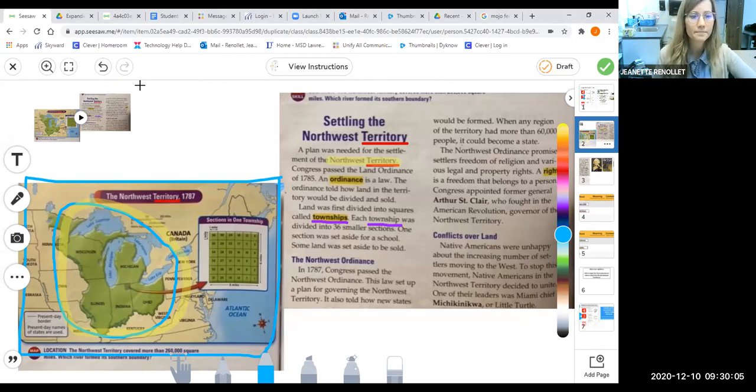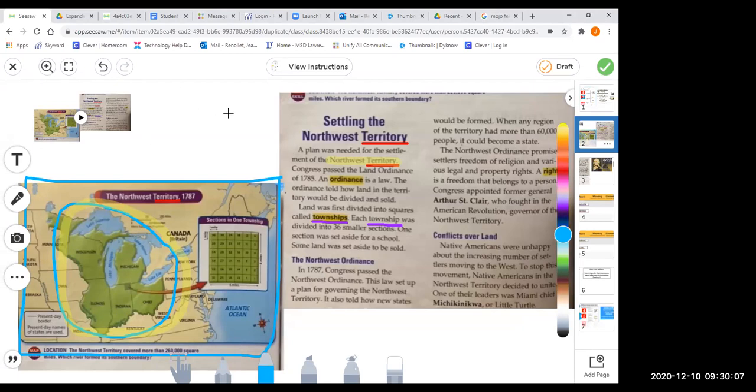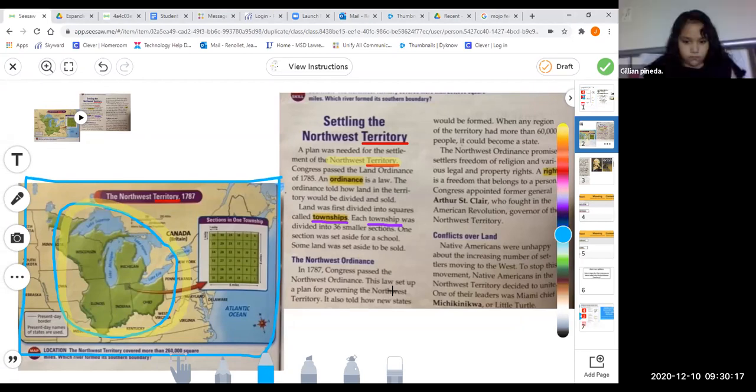Go ahead. It says a right is a freedom that belongs to a person. Congress appointed a former general and author who fought in the American Revolution as governor of the Northwest Territory.